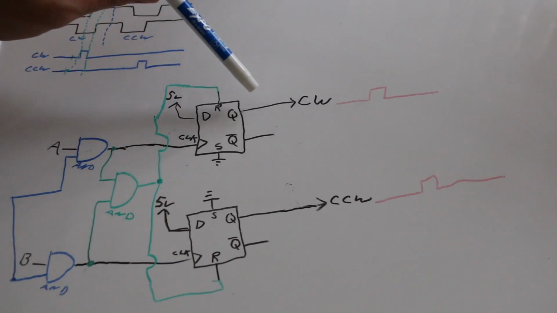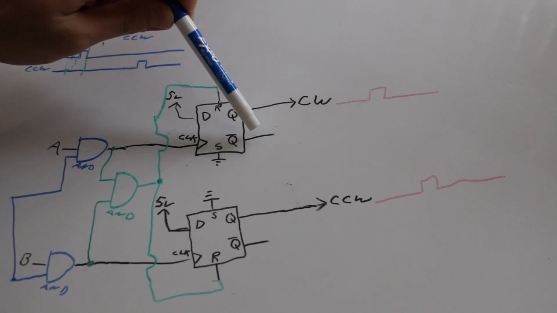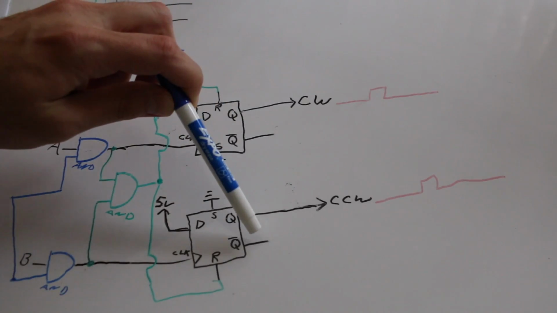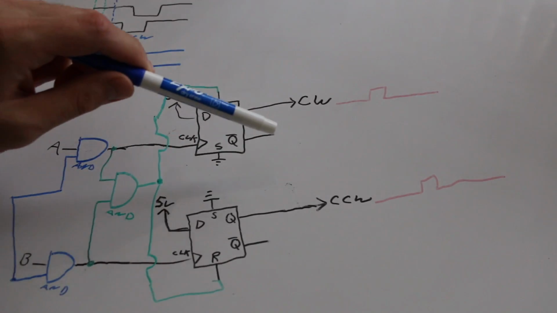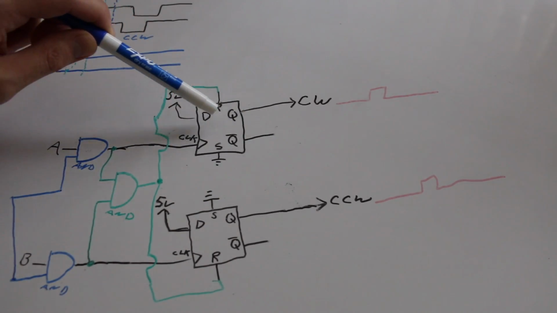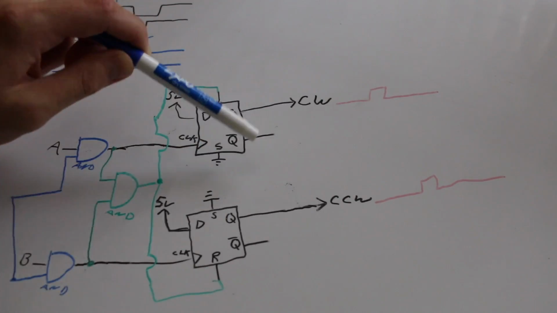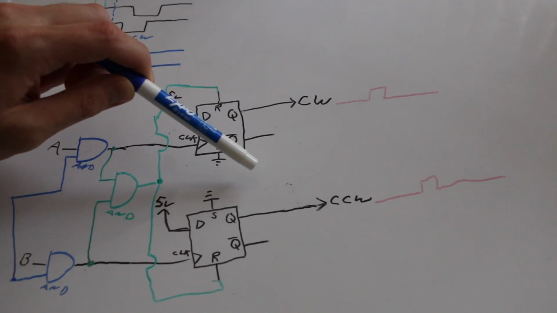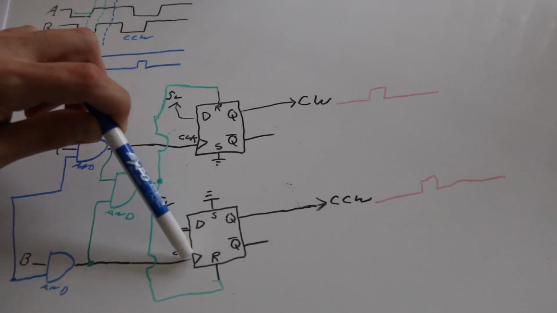In the case of clockwise, we'll say, we start out idle, Q is 0, Q bar is 1. And Q bar is also going to be 1 on this one when idle. When either one of these has been triggered, so a 1 has been clocked through, Q bar is going to become 0 on one of these, and that's when it's time to turn off this gate and not allow anything else to clock.